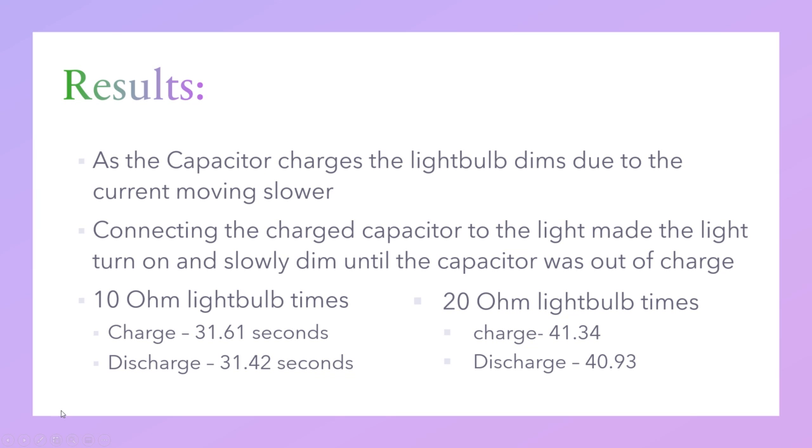As we can see here, the 10 ohm light bulb and the 20 ohm light bulb had very similar times for the time it took to charge up the capacitor and then discharge the capacitor using the same light bulb.